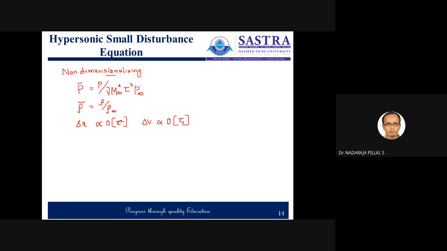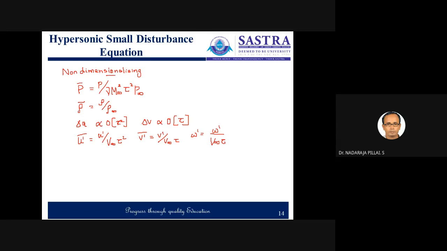So as usual, we have v dash bar and u dash bar. u dash bar, non-dimensionalizing u dash, is u dash by v infinity into tau square. Similarly, v dash bar is v dash by v infinity tau, and w dash bar is w dash by v infinity tau.